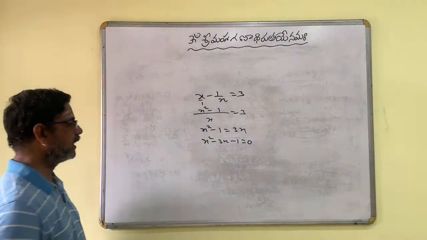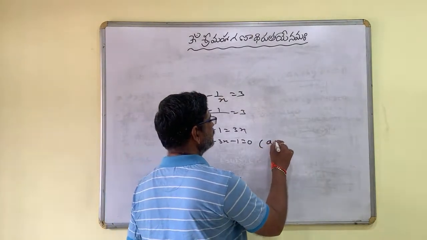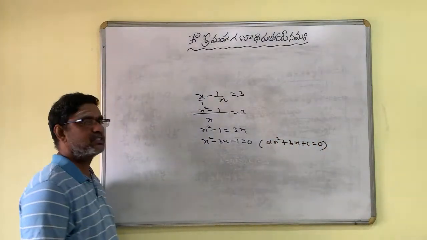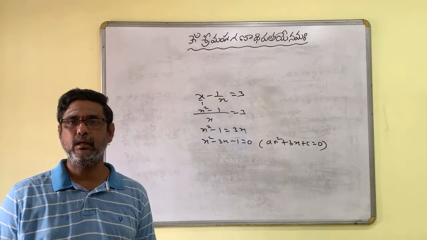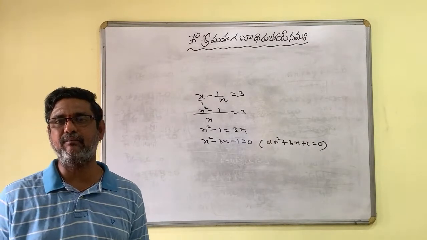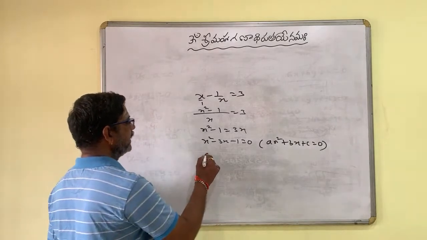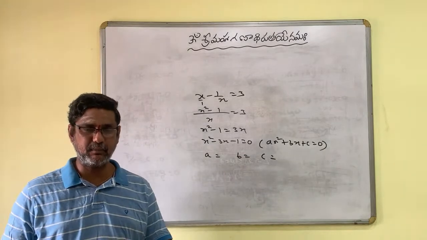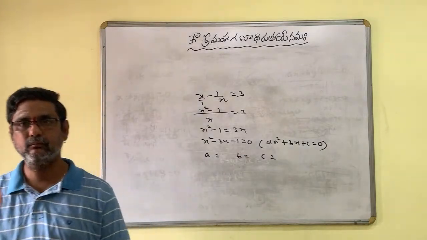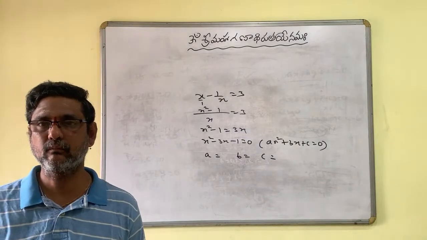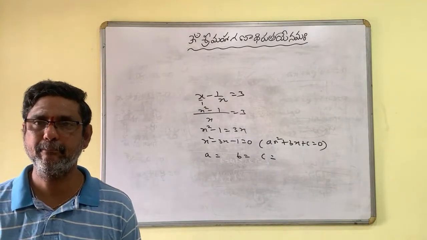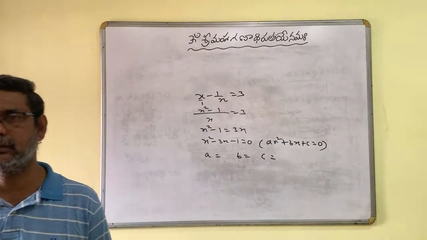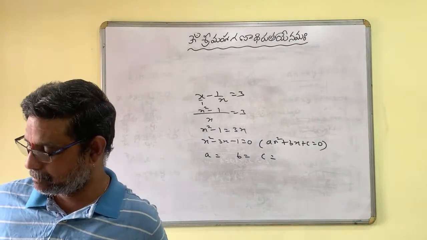Okay, so we got a quadratic equation and this is the general form, ax square plus bx plus c is equal to 0. Now we need to write the values a, b, c. First, children, compare with the general form and tell what is a, what is b, what is c.